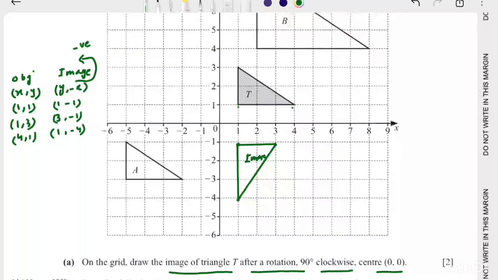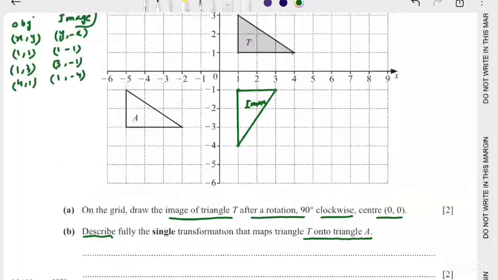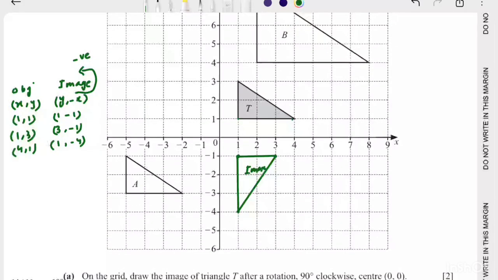Next part, describe fully the single transformation that maps T onto A. So T is the object and A is the image. So definitely this is a translated shape. So we have to find out the column vector for this, or translation vector.